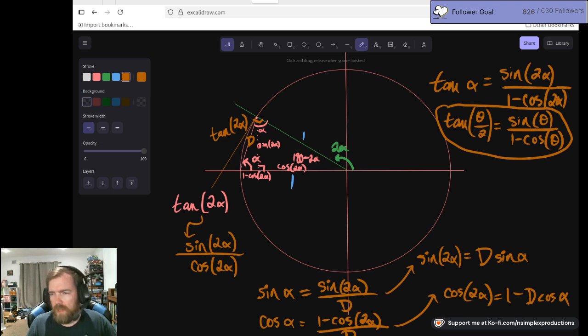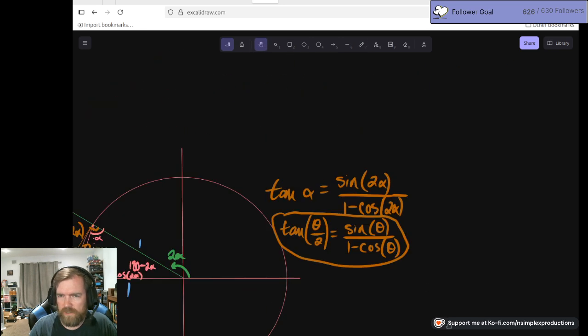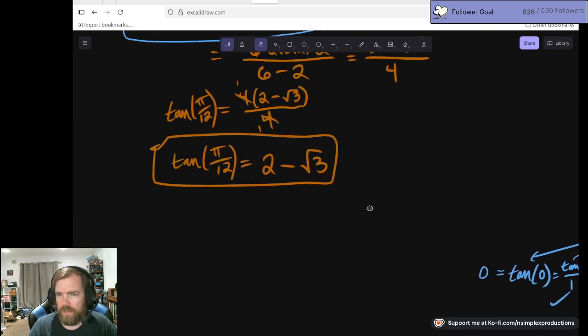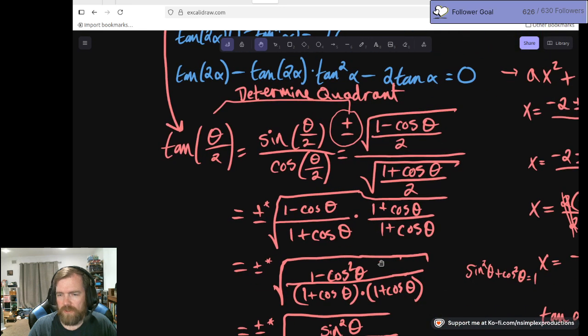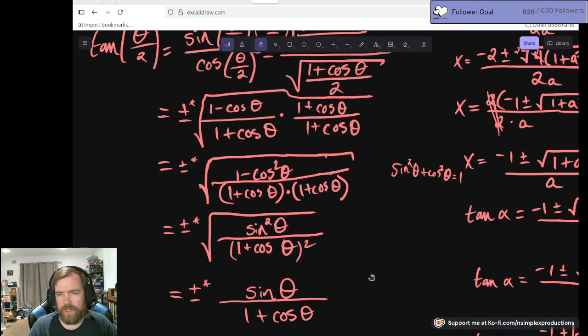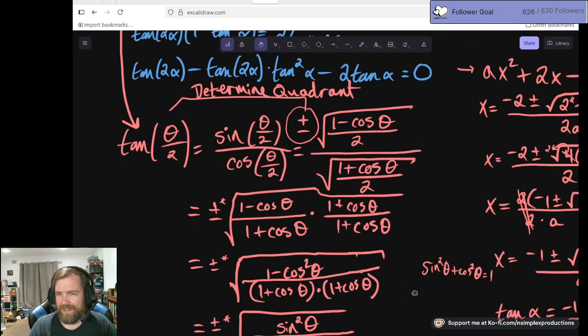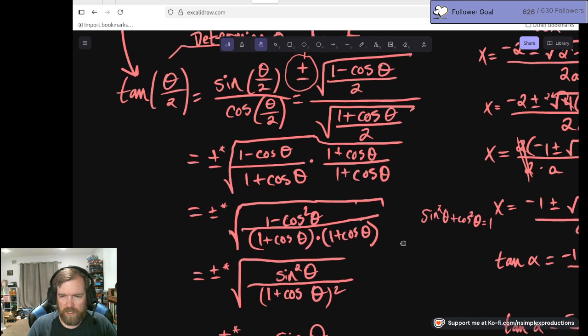Alright, so we got the half angle for tangent. Again, thank you to Dissa for turning my attention to the easy way to solve that one, even if I didn't necessarily get it right away. Right here we also have the algebraic method of solving it.